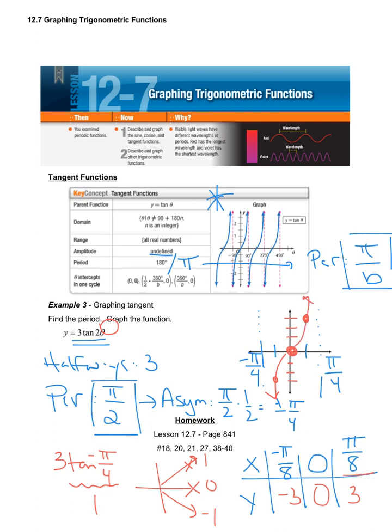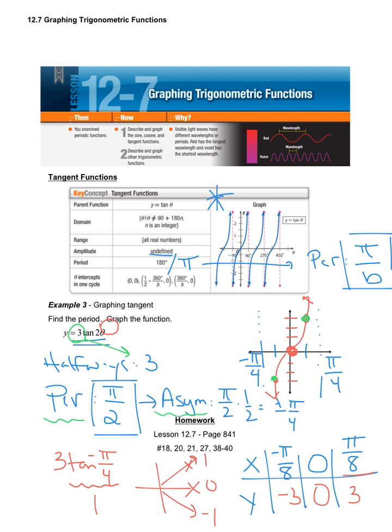So again, tangent graphs are a little more confusing, but it's super important to, as you go through these, the very first step is figure out what the height of these halfway points is going to be, and that's directly related to your a value. Your next step with tangent graphs is figuring out your period, which is pi over b. Okay.